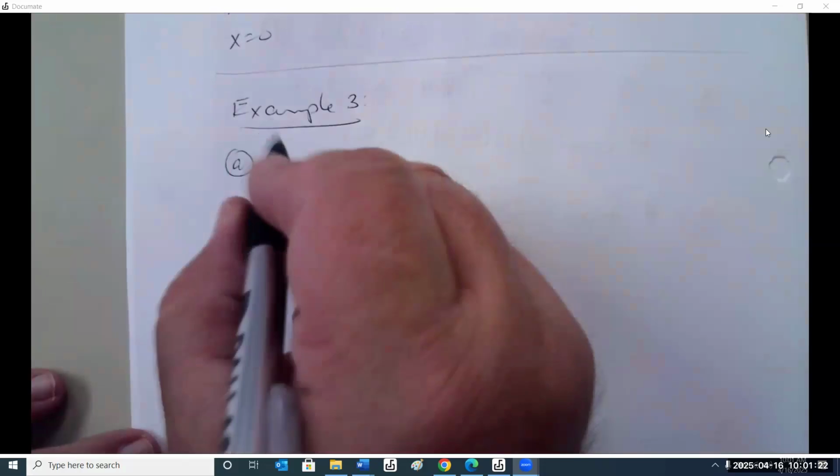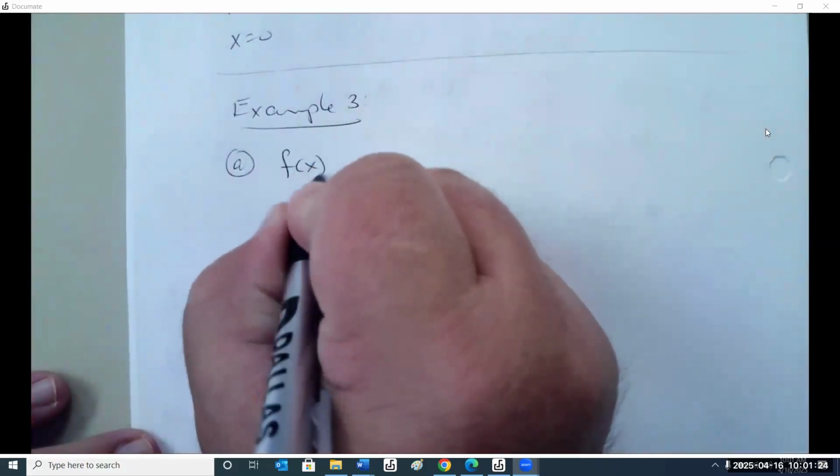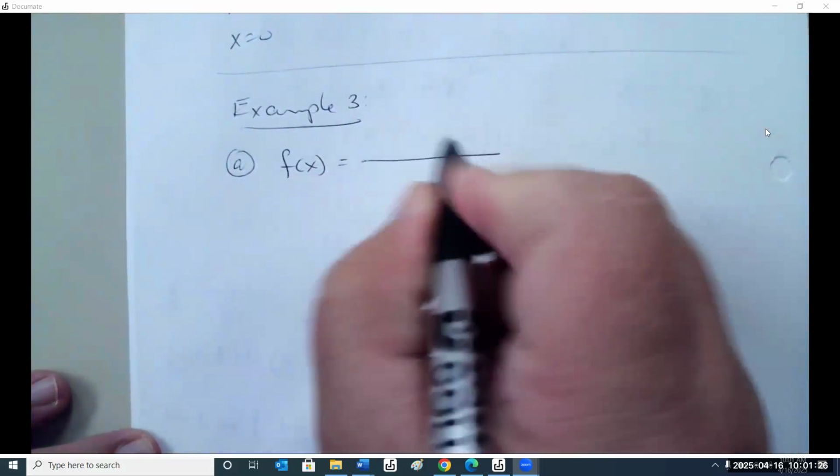I let the cat out of the bag. This next section deals with the vertical asymptotes. So I'm going to give you the function. You tell me the vertical asymptotes.